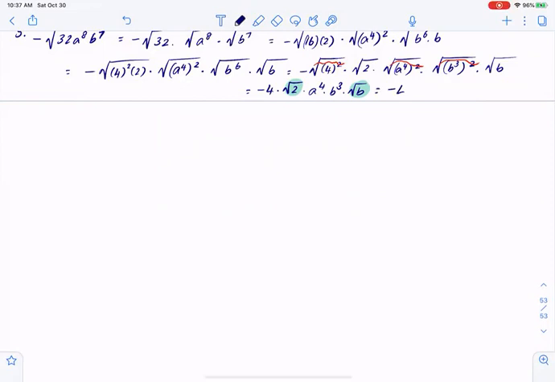So minus 4 a raised 4 b cubed square root of 2 times b. So that is the final answer.